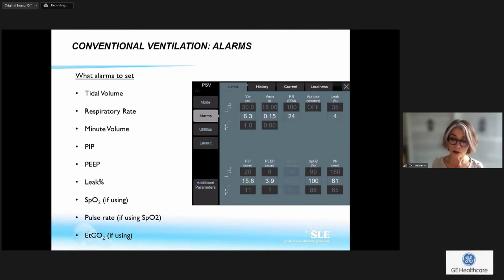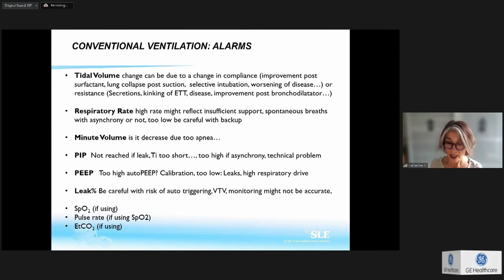The last thing I wanted to mention regarding conventional ventilation, which is quite often overlooked, is your alarms. Your alarms are very important to me. Tidal volume will be the first alarm which tells you that something is wrong. For example, a problem of resistance, a lot of secretions, an ET tube which is not in place, kinking of the ET tube, bronchospasm, any problem.